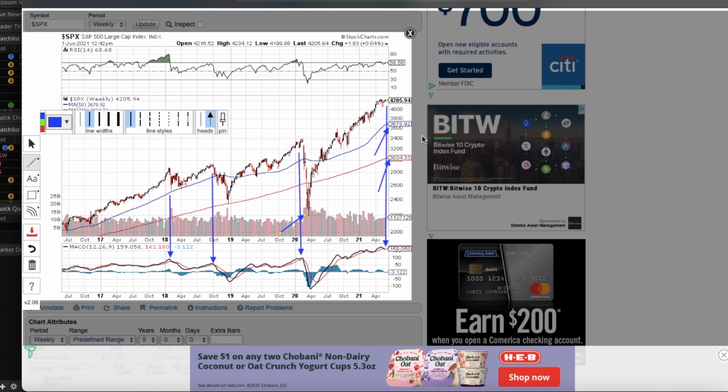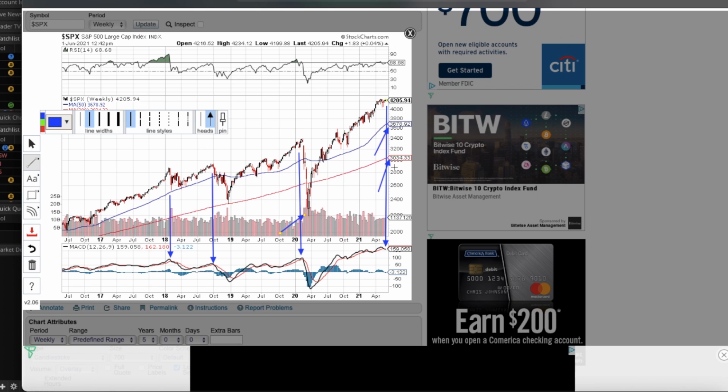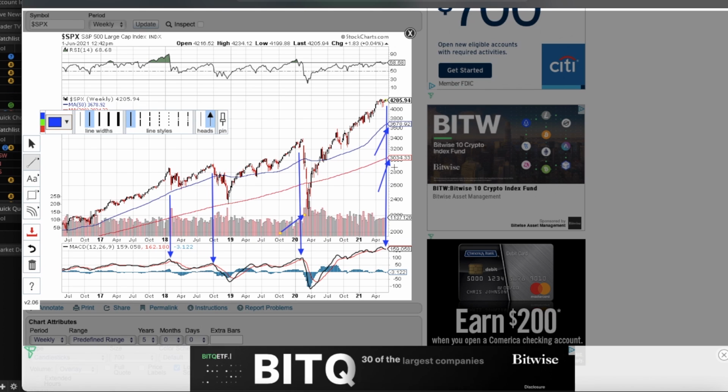Now, the two possible scenarios here: we're either going to touch 3,600, a technically driven sell-off, or we could end up at 3,000 if bad news comes out in the market on top of this correction.